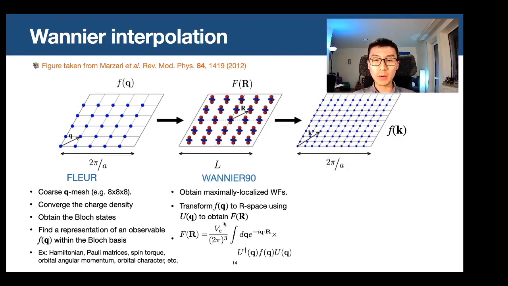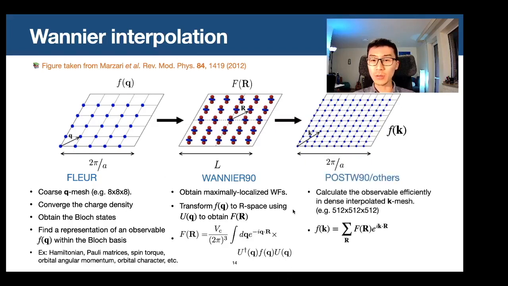So we can get an expression of this F(Q) in R space, and the R space expression can be written in this way: simply a Fourier transformation with a gauge transformation matrix U. So once you have done this job, it's almost done.